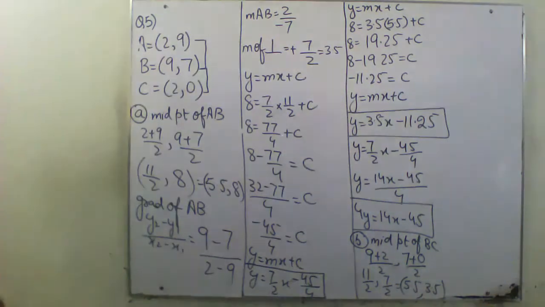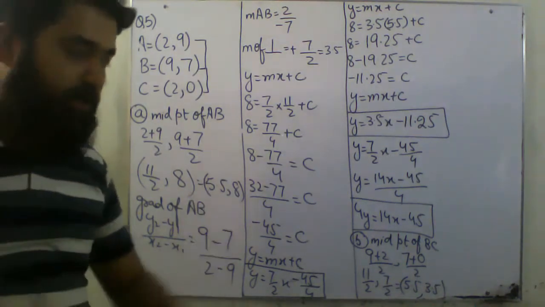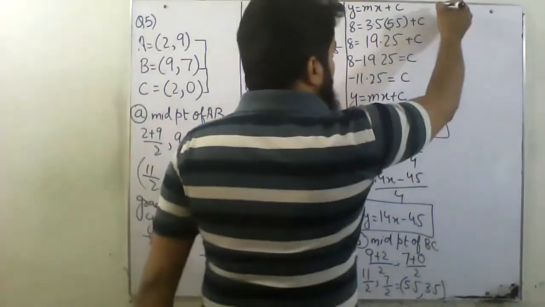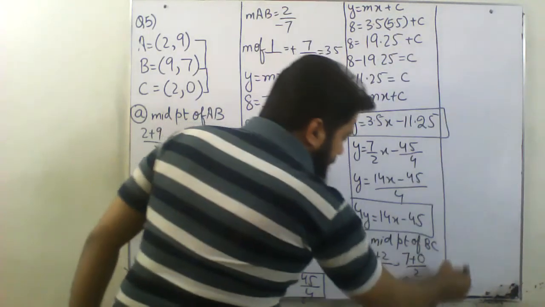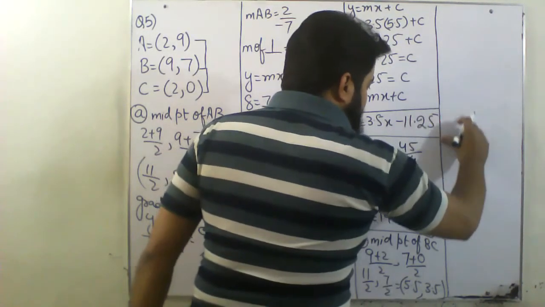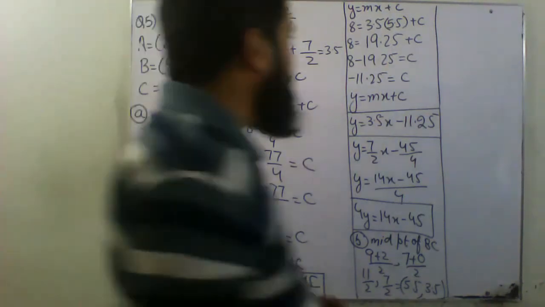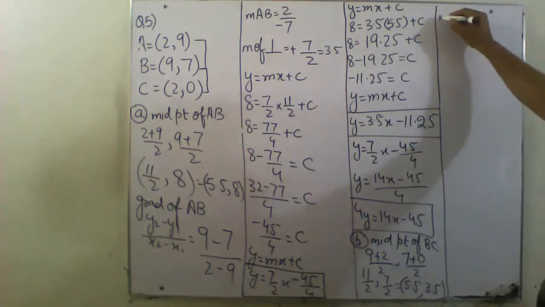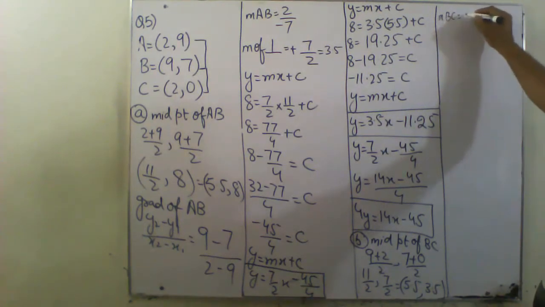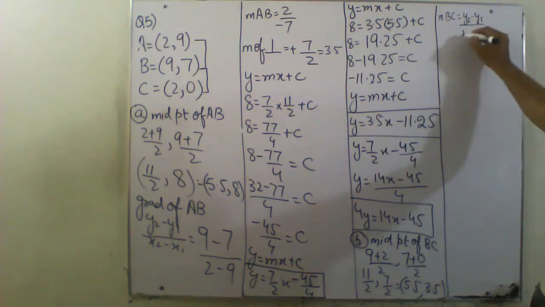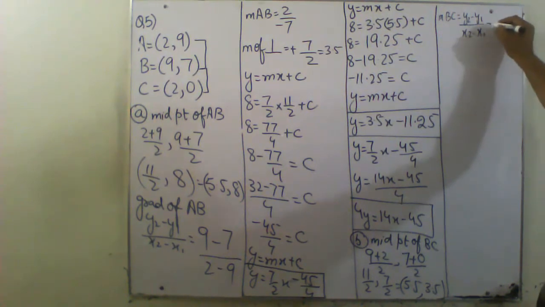I've written values in both ways. Your choice how you want to use it. Now, for the equation of the perpendicular bisector, the next thing I need is the gradient of BC. So gradient of BC will be y2 minus y1 upon x2 minus x1.